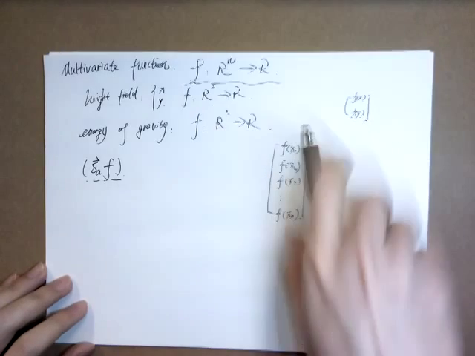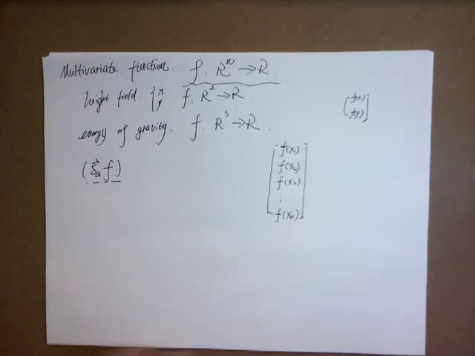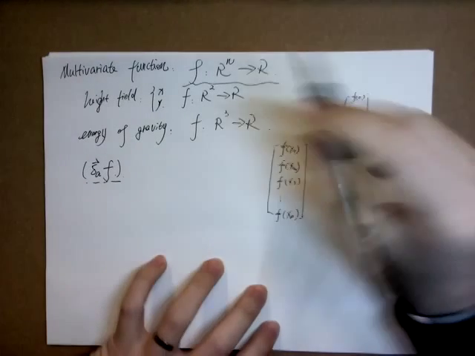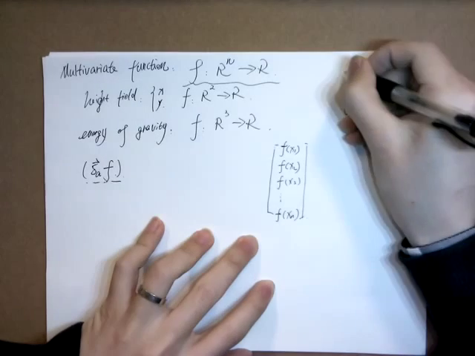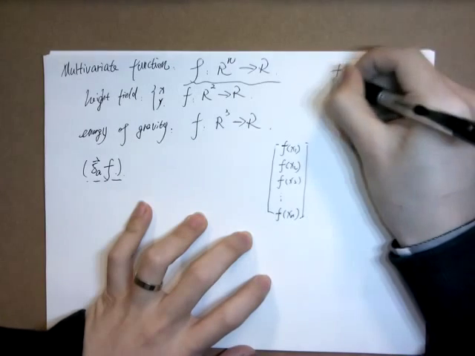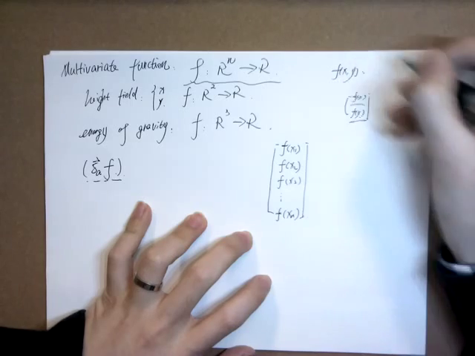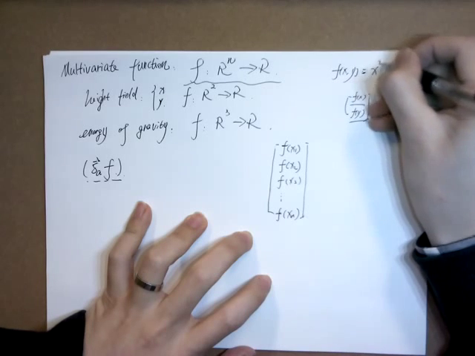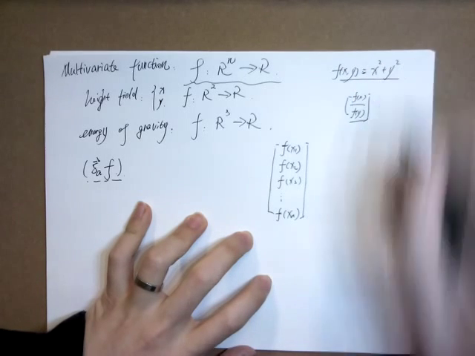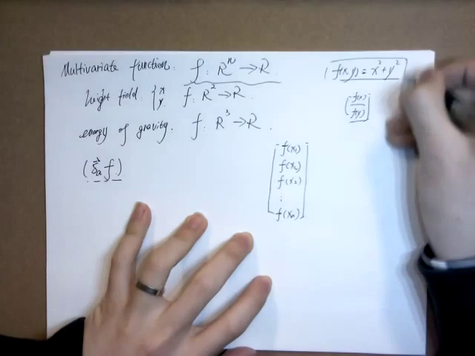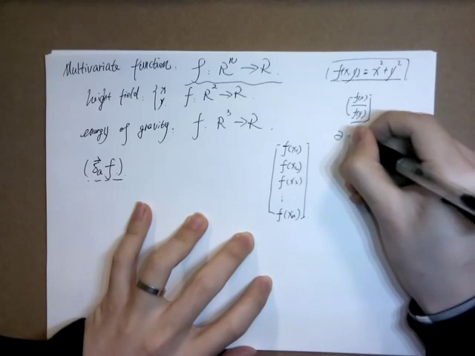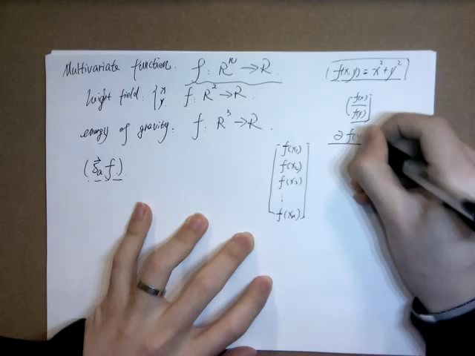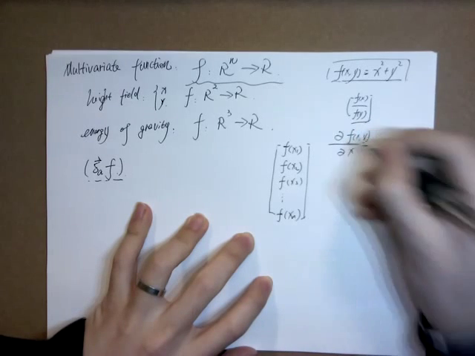Okay, better? Sure. And then we can treat it as a function of different variables. Saying that if I have a function f(x,y) equals x squared plus y squared, what is the partial derivative over x?